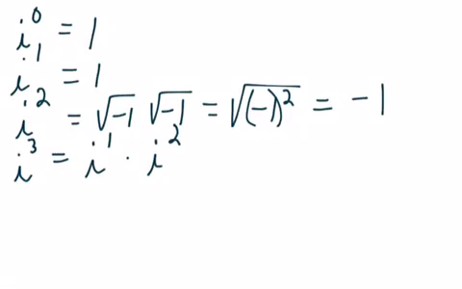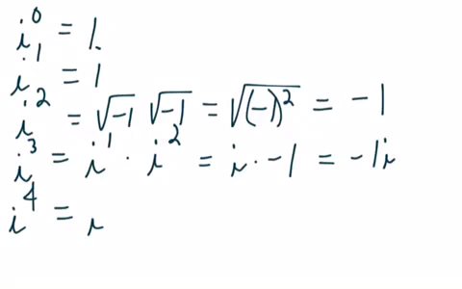Then I to the 3 would be I to the 1 times I to the 2. Well, I to the 1 is I, sorry. I squared is negative 1, so that's a negative I. I to the 4th is I squared times I squared. Well, I squared is negative 1 times negative 1 equals positive 1.